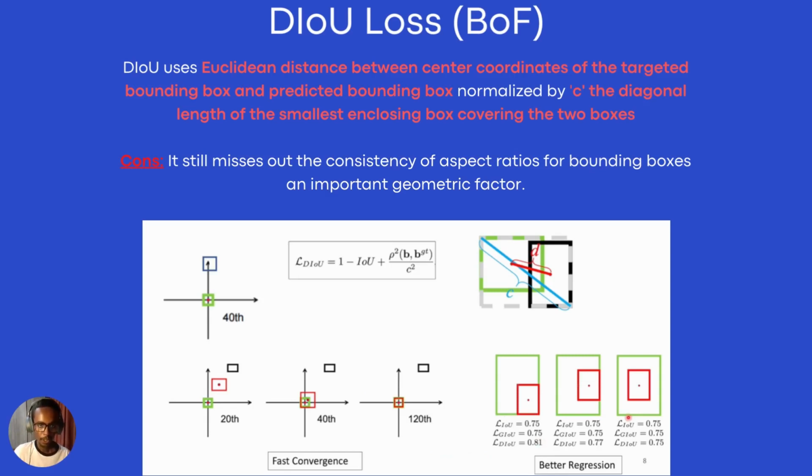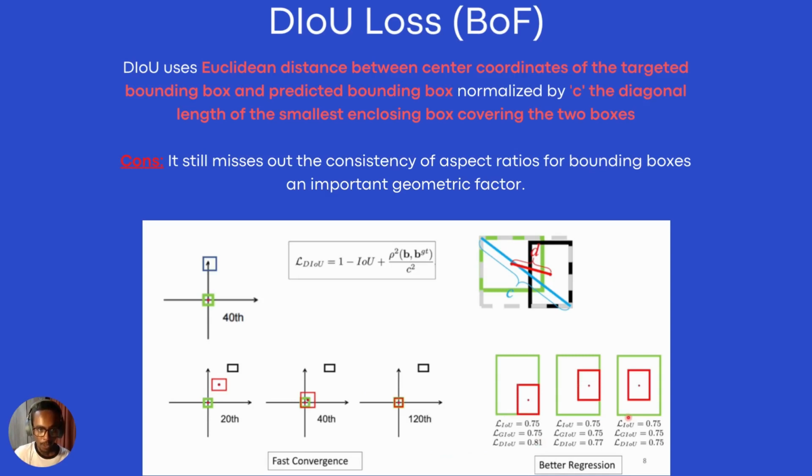On the image, we have green and black boxes, and D represents the distance between the centers of these 2 boxes, and C is the diagonal of the enclosing box between these 2 boxes.